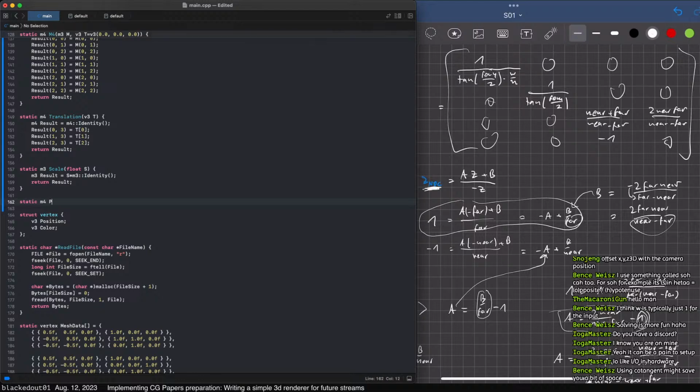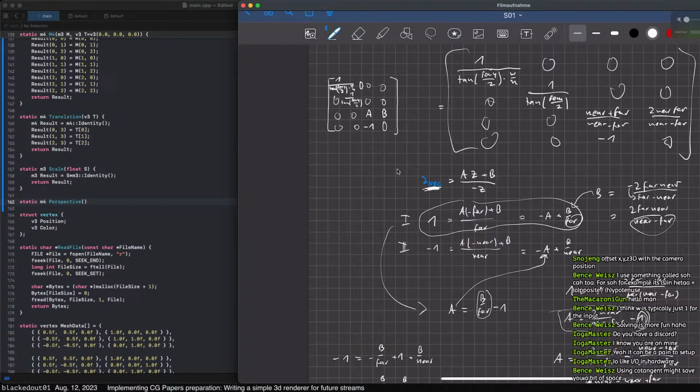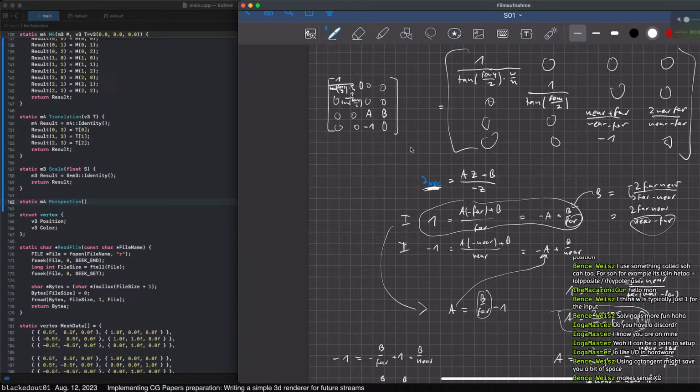Again, it's a 4x4 matrix, perspective, and it's called a perspective projection. I don't know if you said that. Another way to do a projection is by using an, how is this called? An orthogonal projection.